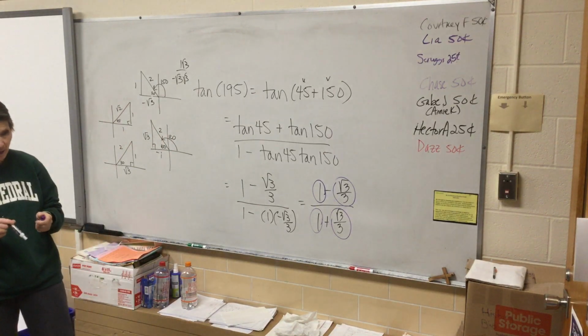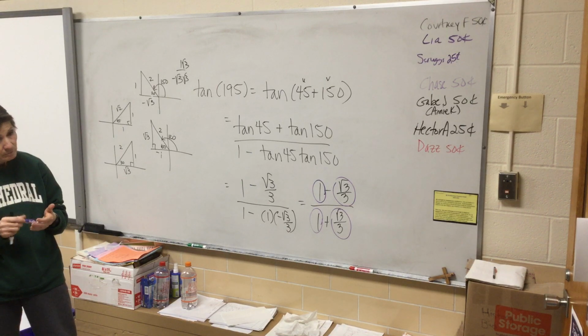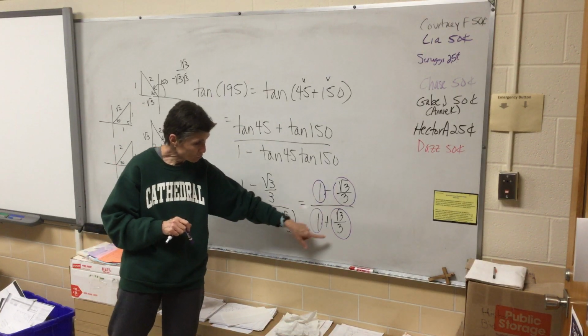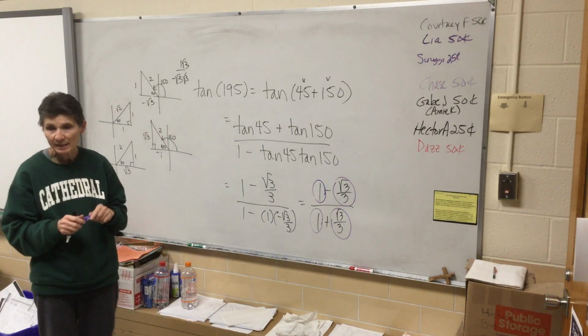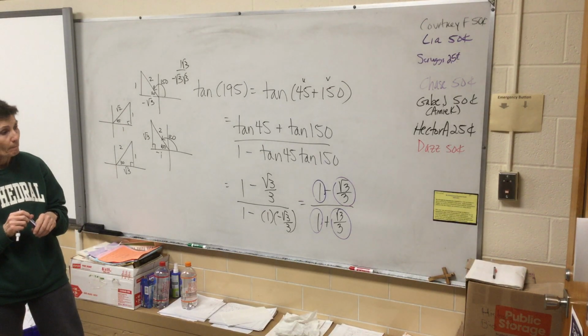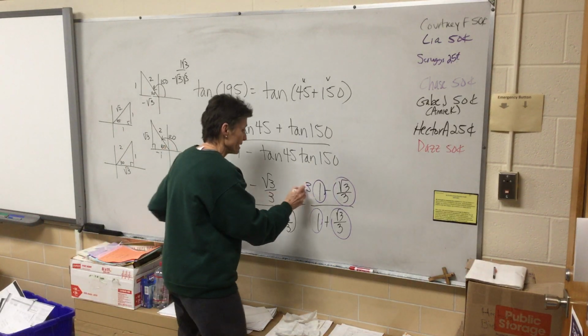What would be the common denominator for the whole shebang? Well, this denominator's 1, this one's 3, this one's 1, this one's 3. What's the common denominator between 1 and 3? 3. Yep, so I'm going to multiply everything by 3.